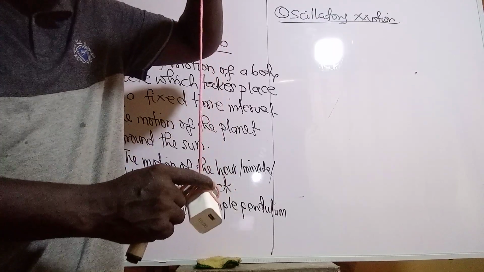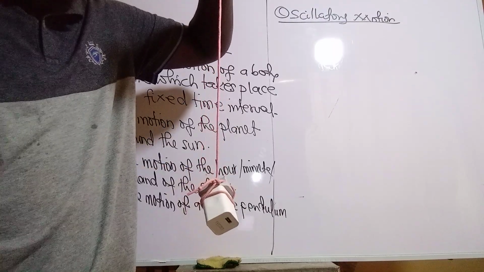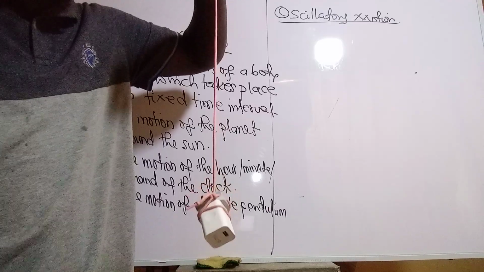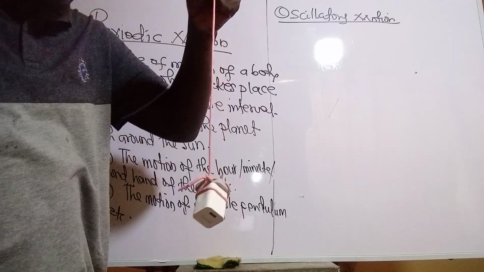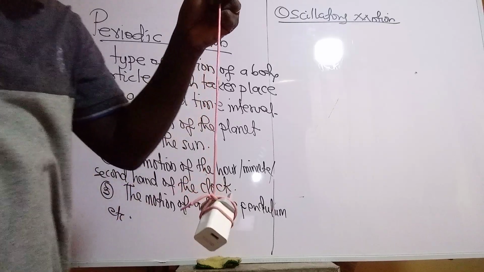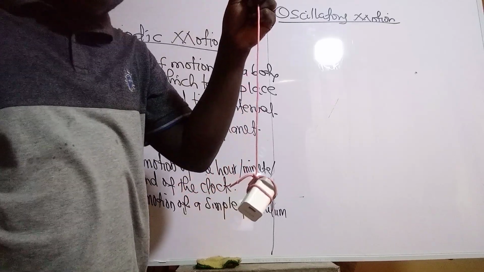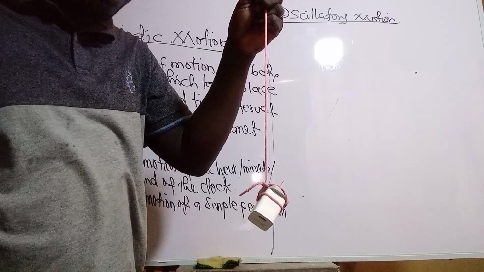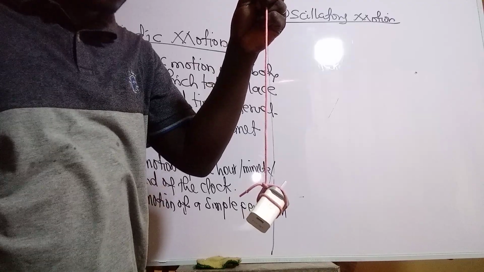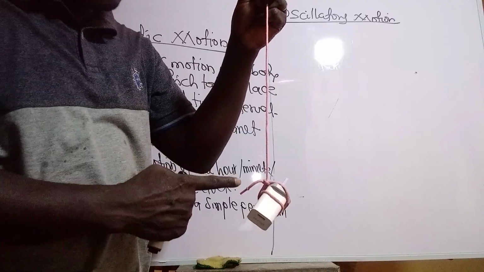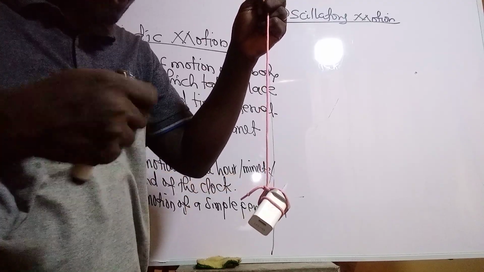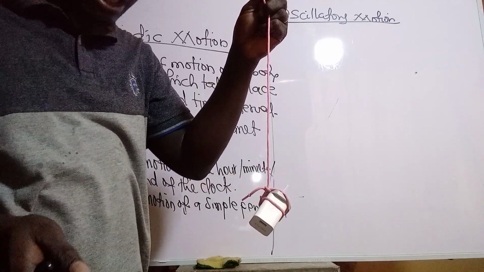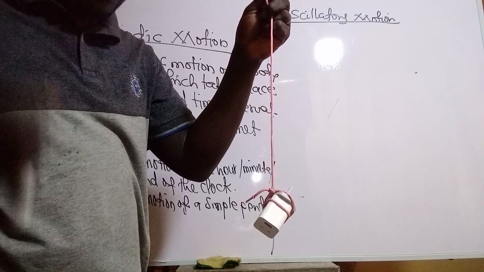So when the body is still and immobile, we say that this is the equilibrium position of the object. It is the equilibrium position because at equilibrium, the net force acting on the body is equal to 0. So at this position, the net force acting on this body is equal to 0. That is why the body is motionless, not moving in any direction.